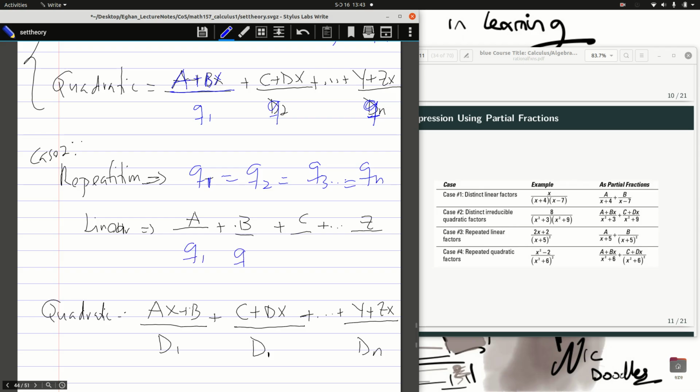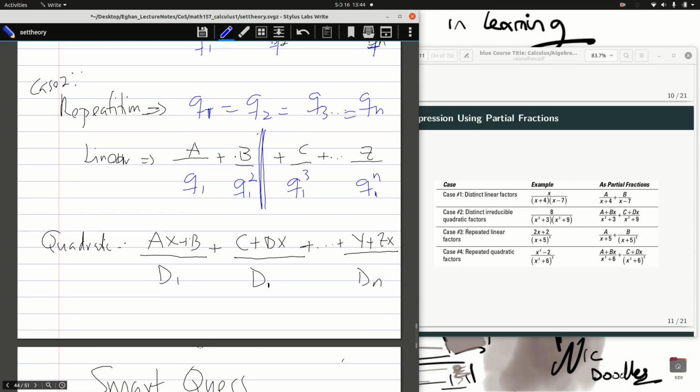The second B takes the repeated square. It means the third will take cube, through to the same thing n. If it's repeated twice, it means I end here. If the denominator is repeated 3 times, I move to the next stage. That is how it is.